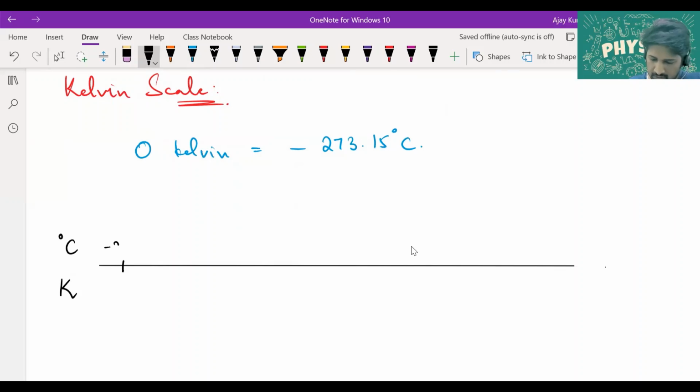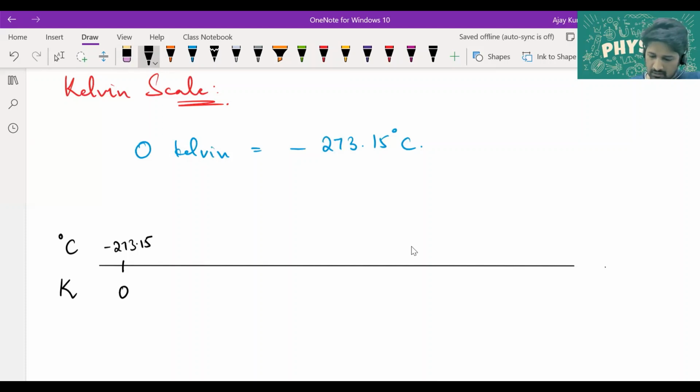Then minus 273.15 degrees, we usually approximate it to 273 itself. That's fine. The exact value is minus 273.15. That much on the Celsius scale is 0 on the Kelvin scale.